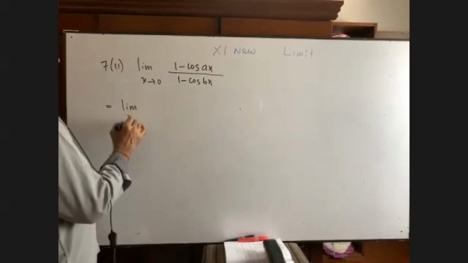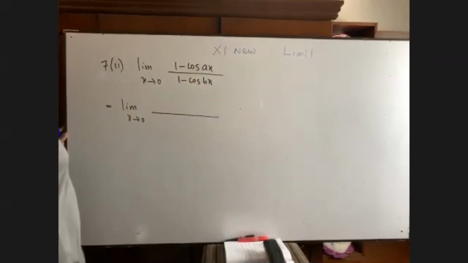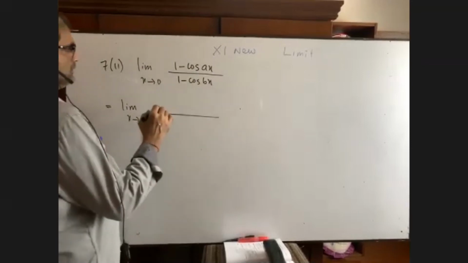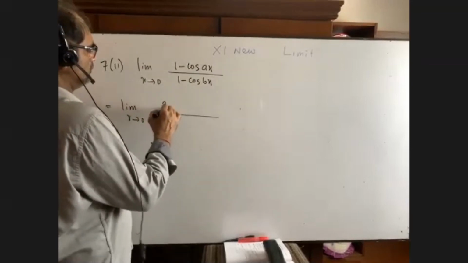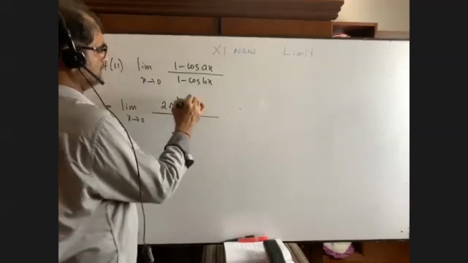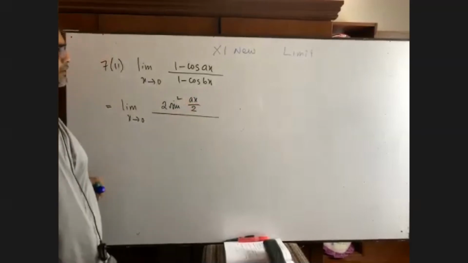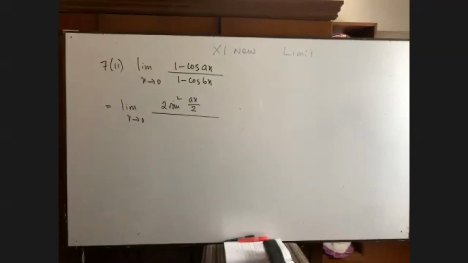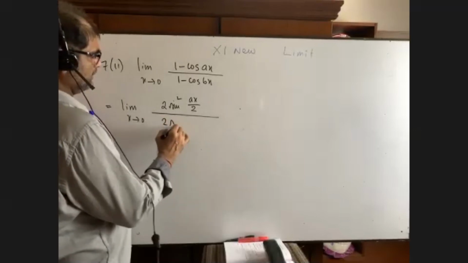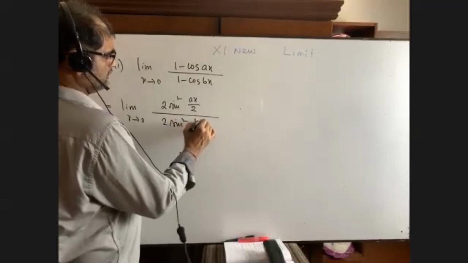Limit x tends to 0. What is the formula here? 1 minus cos theta equals what? 2 sin square ax by 2, right? 2 sin square ax by 2 in the numerator and 2 sin square bx by 2 in the denominator.